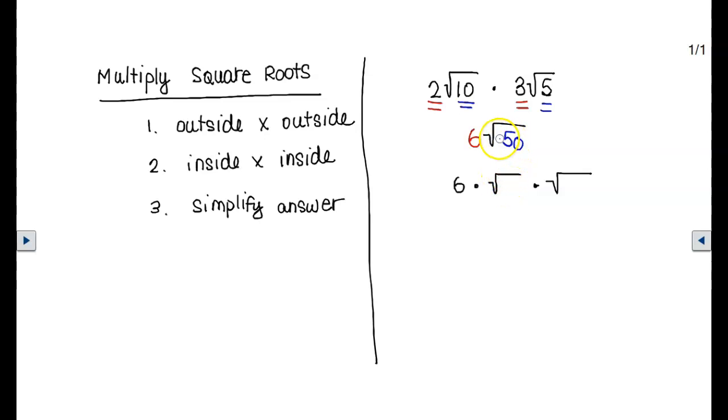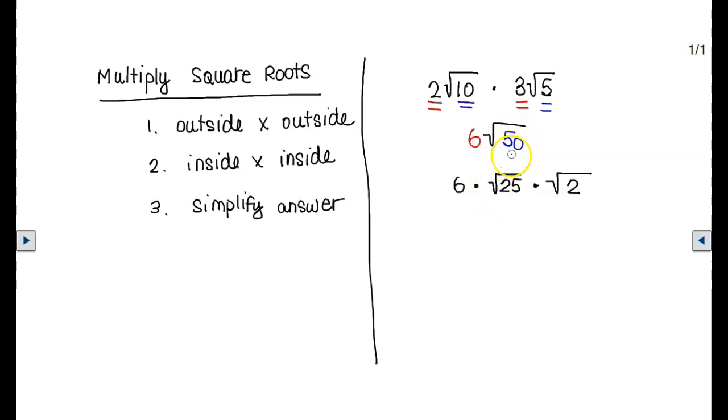So if you'll go to your list, find the biggest number in that list that will go into 50. That is 25. And we know that it takes 25 times 2 to give us 50. So this is going to become 6 times the square root of 25 times the square root of 2.